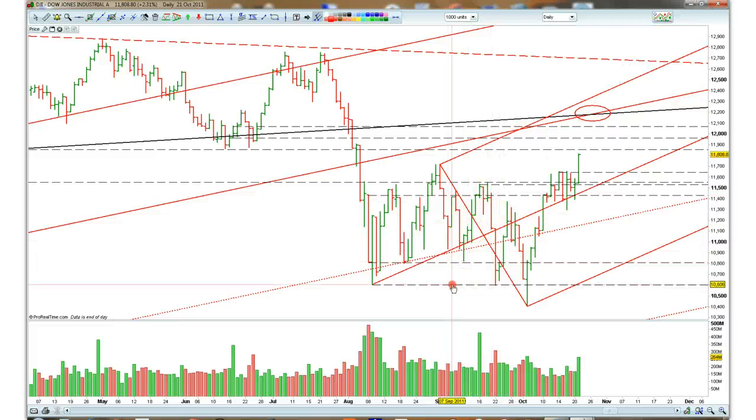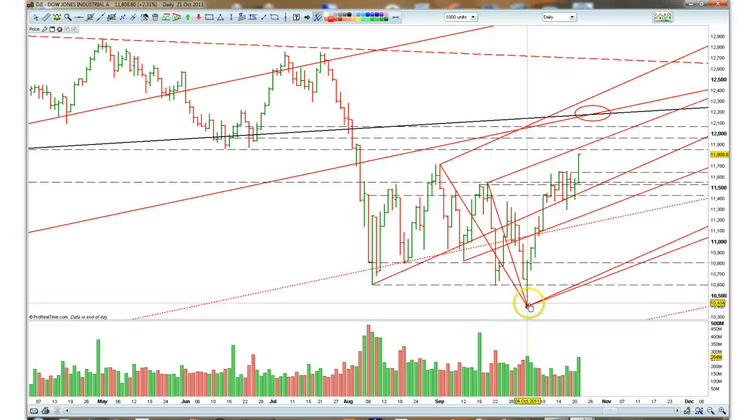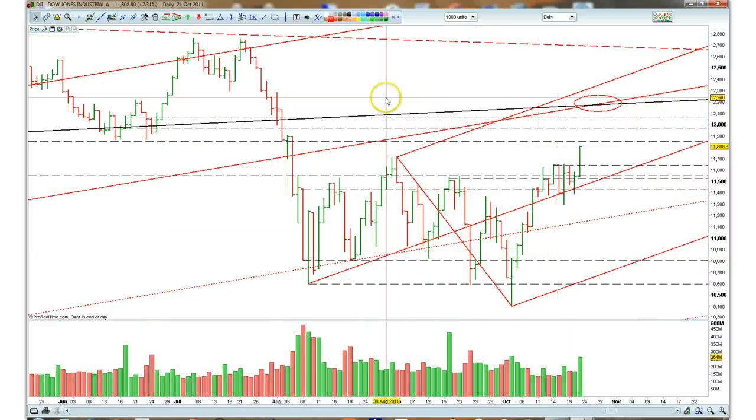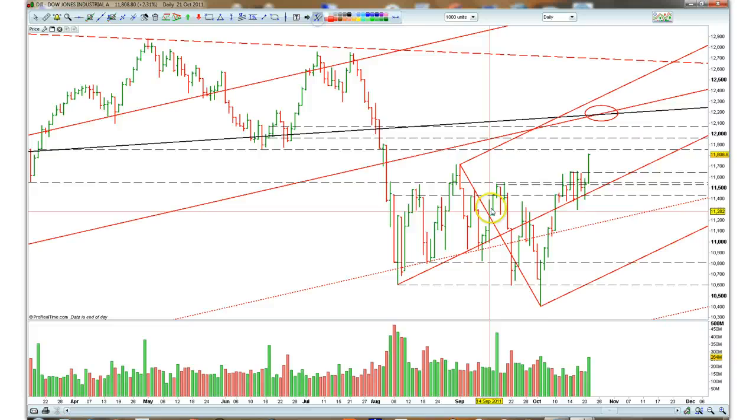Got that one, that one there, that one there, there's one there. So we're starting to be able to get some uptrending pitchforks on this thing now from our recent swings. So I think we've got to be paying attention to our strong bars now.